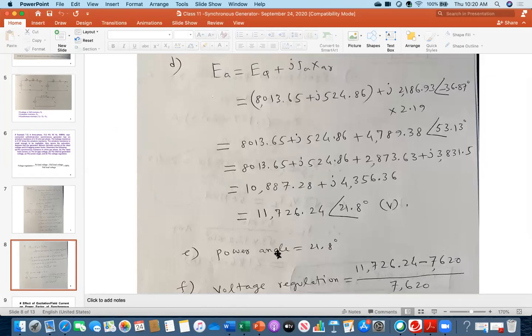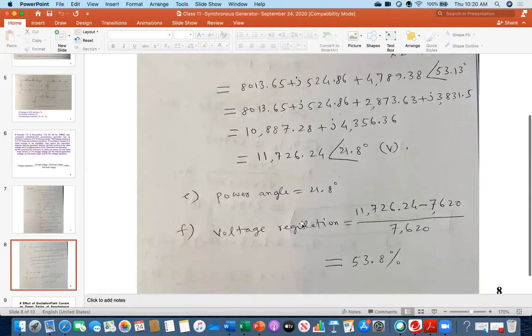Therefore, straightforward, that is the answer. Whatever the angle is, that is the power angle. Soon I will be showing you one vector diagram for the synchronous generator. At that time, it will be clear to you why we are considering this one as the power angle. At this point, everybody just keep in mind the angle with the EA is called the power angle.